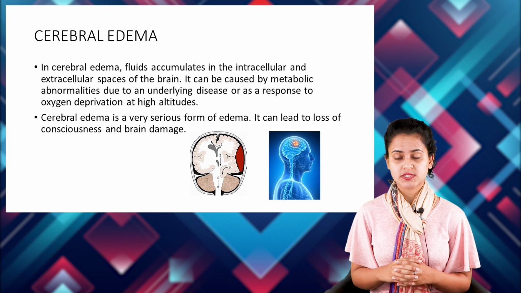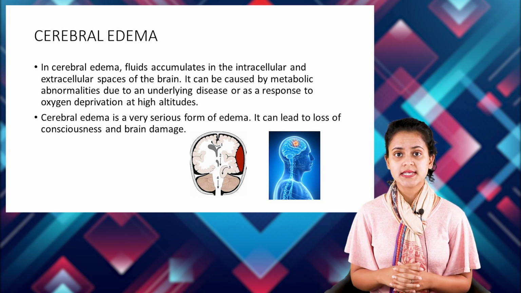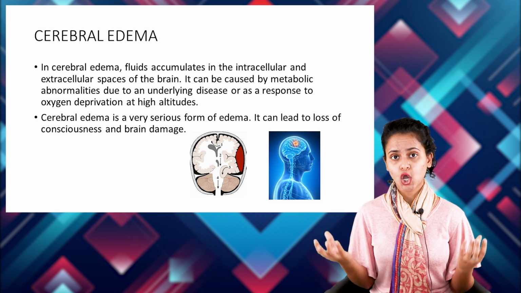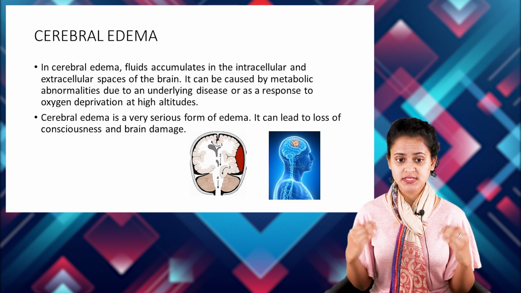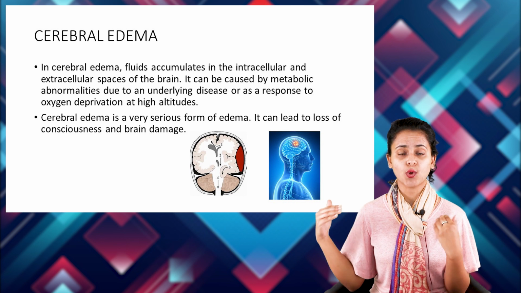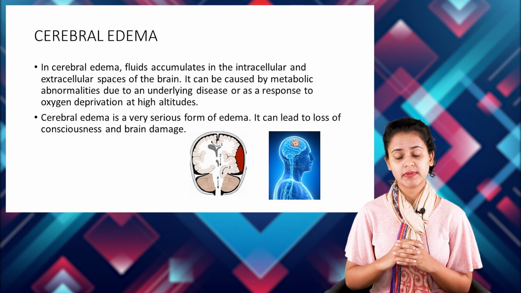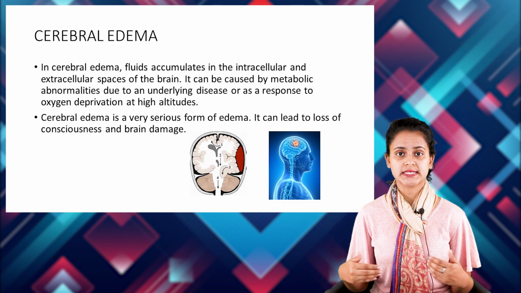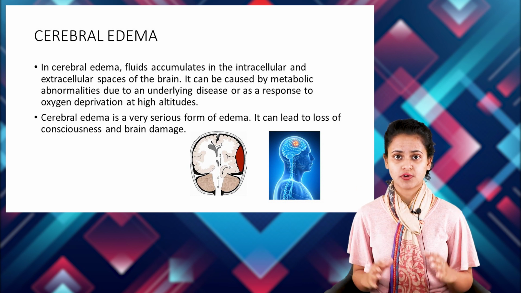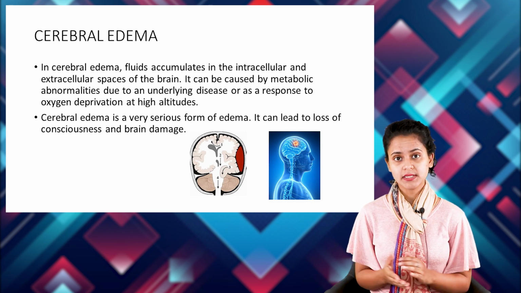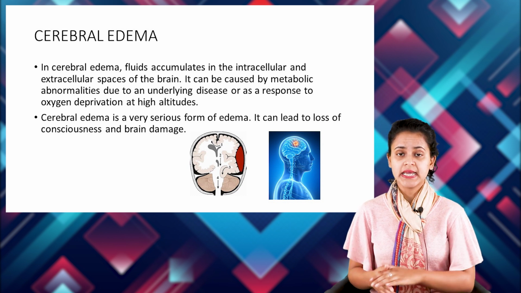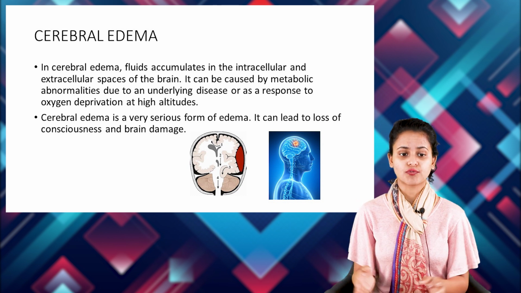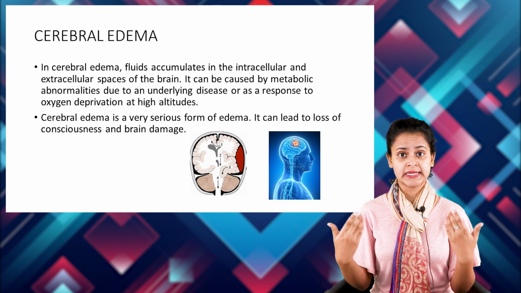It can be caused by some metabolic disease, some systemic disease, or decreased oxygen supply, or oxygen deprivation at high altitudes. These three major causes will almost always develop the condition of cerebral edema. Cerebral edema is a very serious form of edema. It can lead to loss of consciousness, even brain damage.